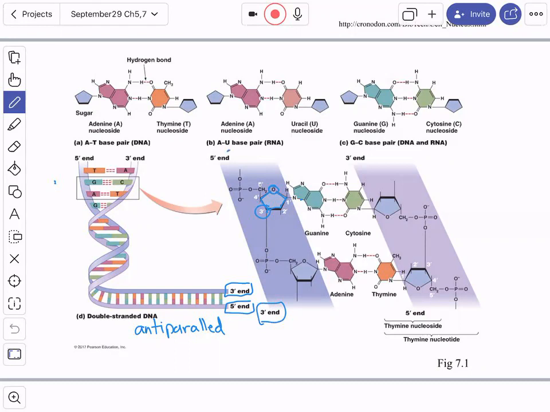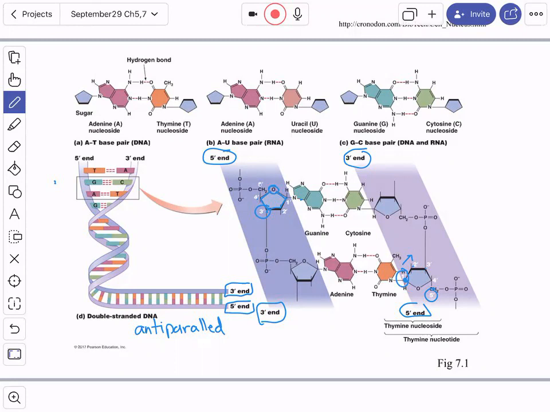Then the other strand, here's the number 1 carbon attached to the base, and then again you're numbering away from that oxygen to 3. So this is the 3' end, and for 5, this is going to be the 5' end. All right, so that directionality gets a little bit confusing, but we will talk more about that.